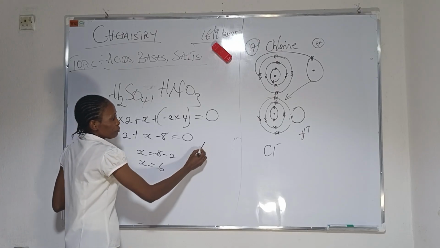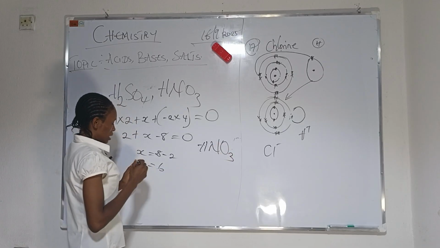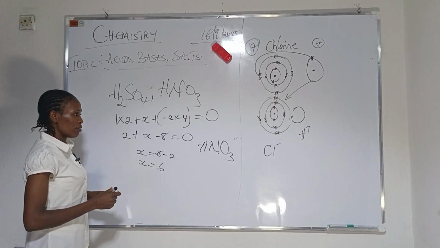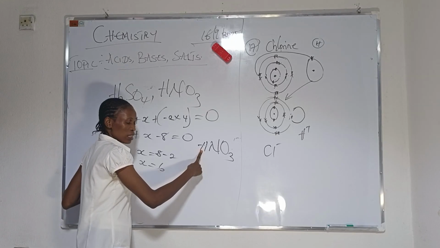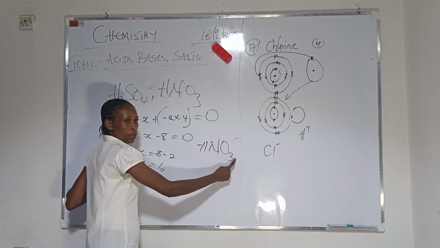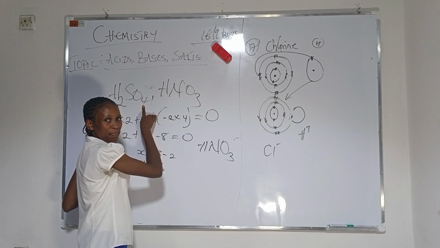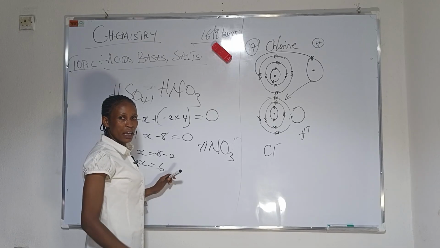Okay, this is hydrogen trioxonitrate 5. Why am I calling it 5? Take note of one thing that I'm doing here. When I call the first element, I pick up the number. Because 4 is here, I name it as what? Tetra. 3 is here, I am calling it tri.